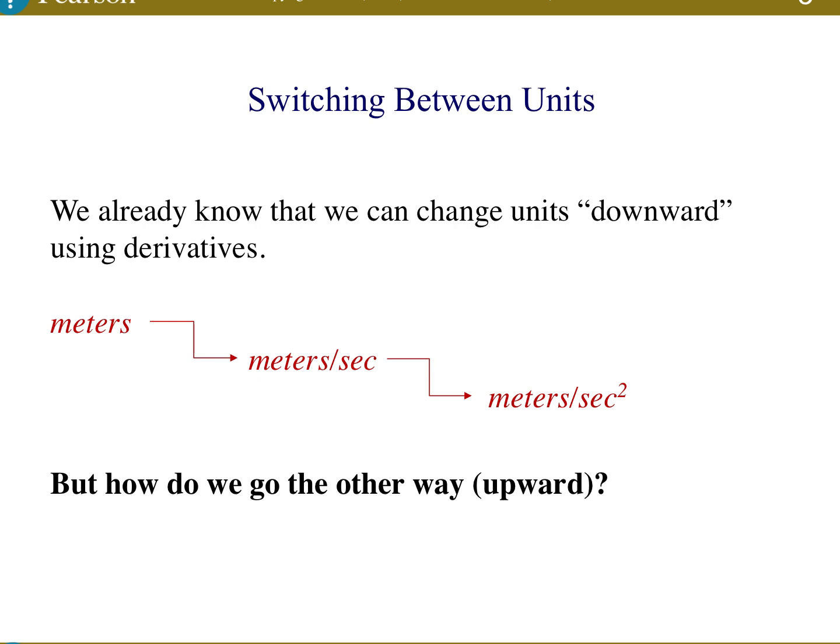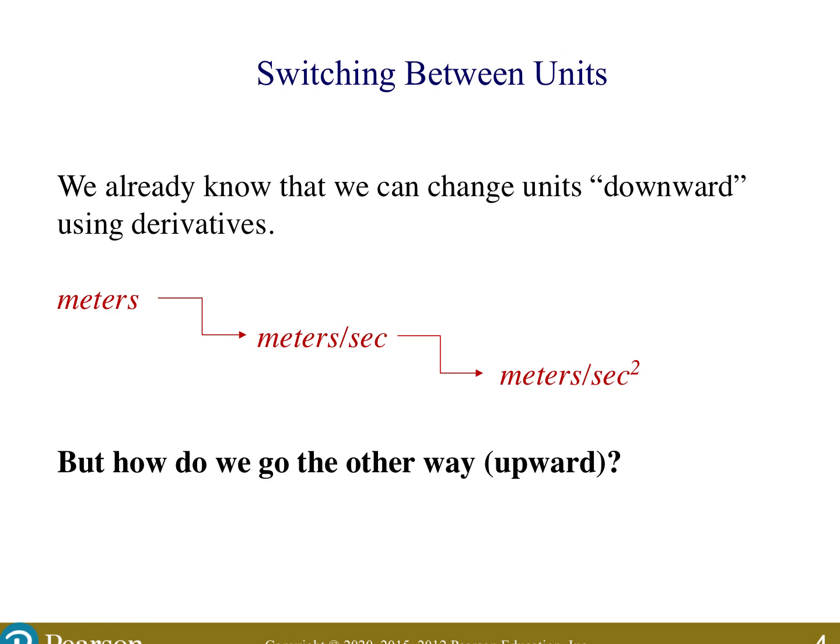But so how do we go the other way? This is where using your conversion of units and things that you've done in your science classes comes in. How do you go from meters per second and end up with just meters? So what's the math there? Multiply by something. Okay, it's a multiplication problem.